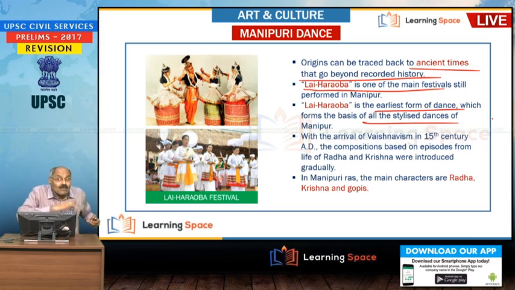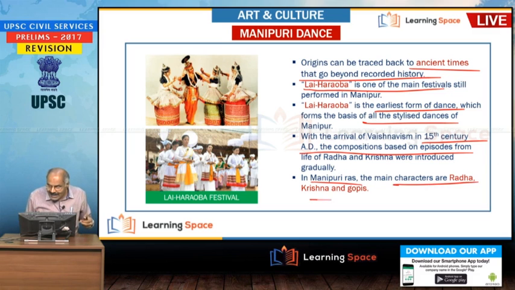Another point is, with the arrival of Vaishnavism in the 15th century AD, compositions based on episodes from the life of Radha and Krishna were introduced gradually. So in Manipuri Ras, the main characters are Radha, Krishna and Gopis, right?